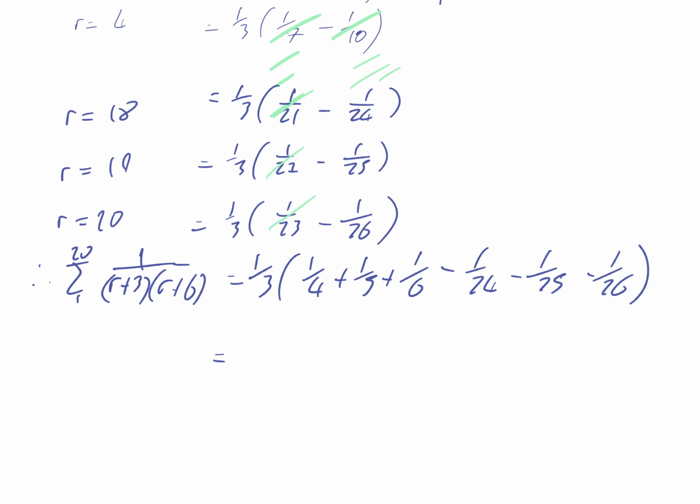I've put that in my calculator: 1/3 times (1 over 4 plus 1 over 5 plus 1 over 6 minus 1 over 24 minus 1 over 25 minus 1 over 26), and to 4 decimal places I get 0.1655, but that's the nicest way I've got of doing that one.